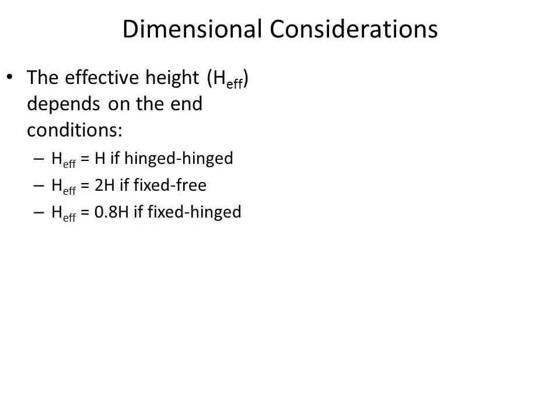If you go back to the concepts of buckling, the Euler buckling concepts, the effective height is equal to the height if you have a hinge to hinge end condition. However, if the end condition is fixed free, it is double the height.